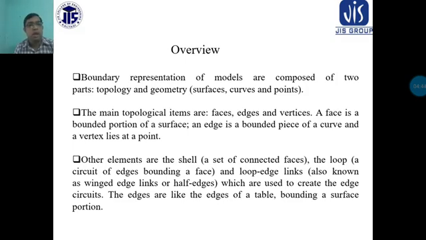The loop is a circuit of edges bounding a face. A loop is made of links, also known as wing edges or half edges, which are used to create the edge circuits. The edges are like the edges of a table.